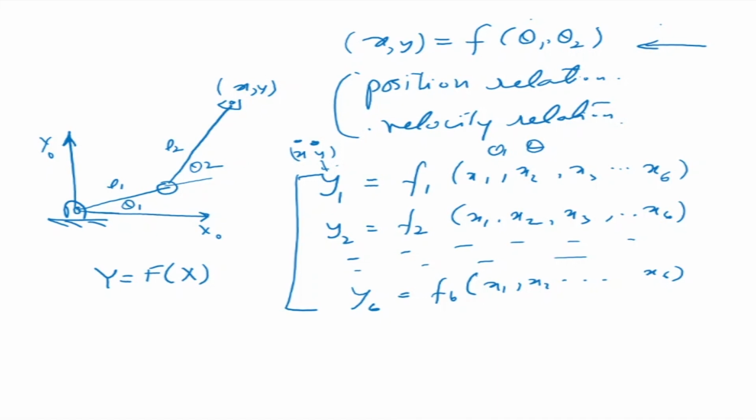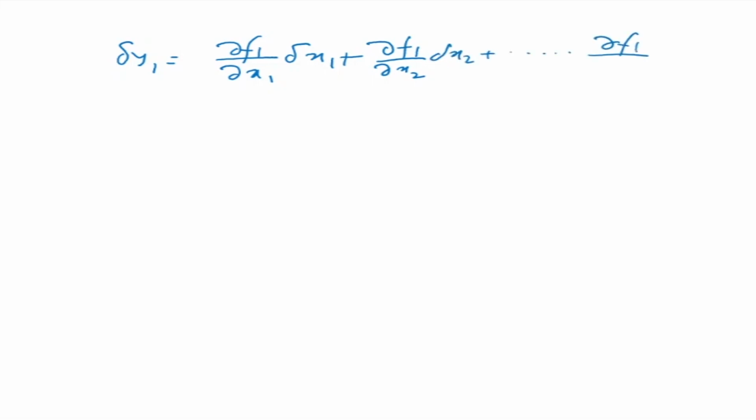Let me write it on the next page. So del y1 is equal to the partial derivative of f1 with respect to x1 times del x1, plus the partial derivative of f1 with respect to x2 times d of x2, plus so on up to the partial derivative of f1 with respect to x6 times d of x6.